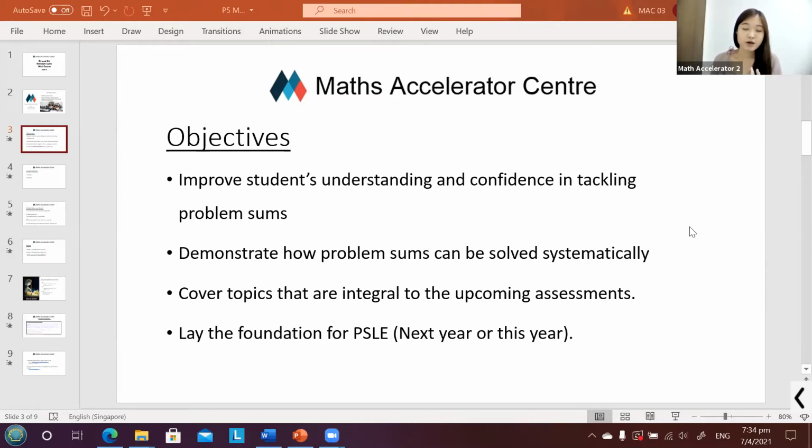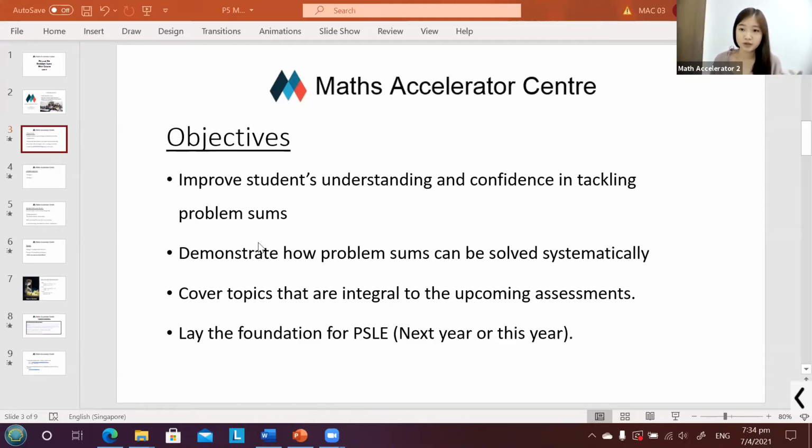We'll also demonstrate how problem sums can be solved systematically. Math is about doing your method step by step, so I'll show you step by step how to do the questions.